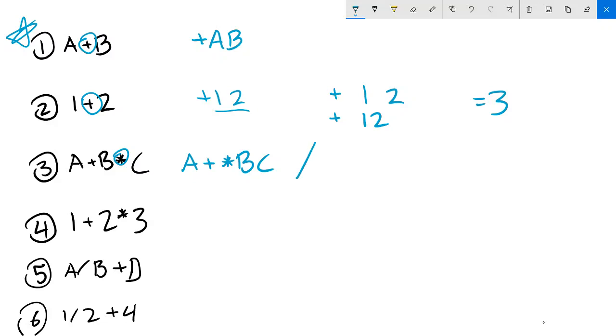And I'm going to divide so I can keep going to the right. Now, what is my next operator? Well, my next operator is the addition symbol. What are the two operands? Here's operand 1. Here's operand 2. Again, it's the product of B times C that is the operand. So I put the plus in front, A, operand 1, and operand 2.